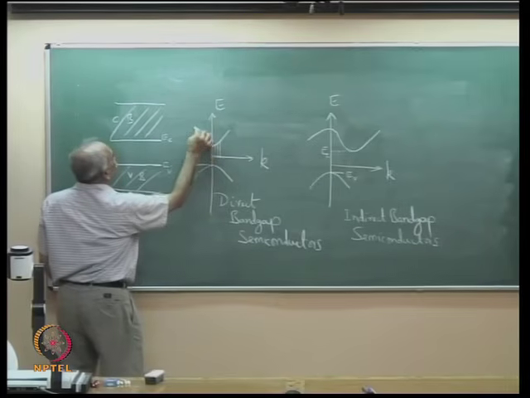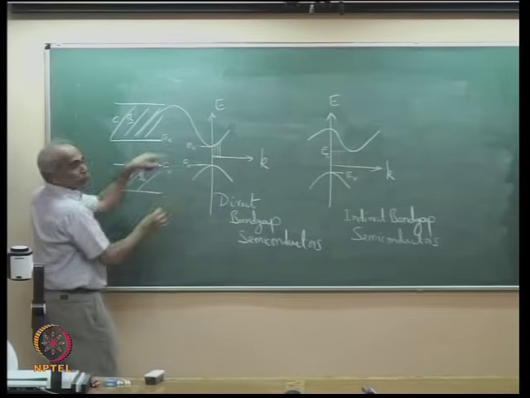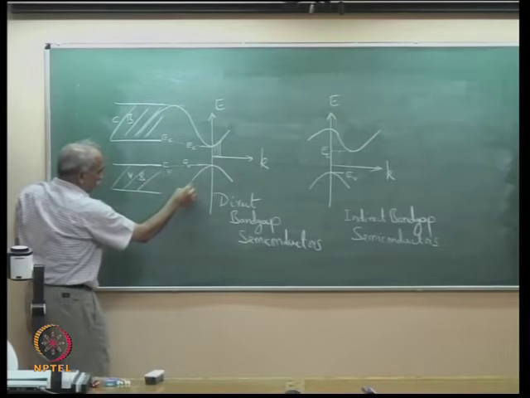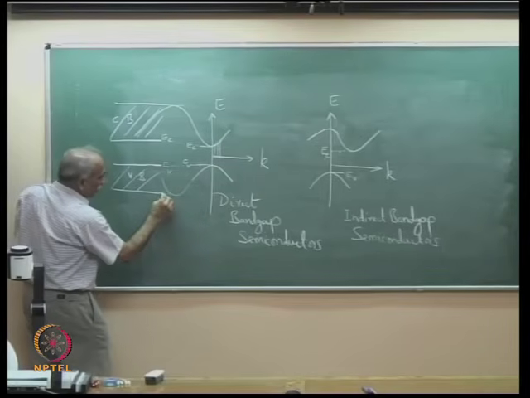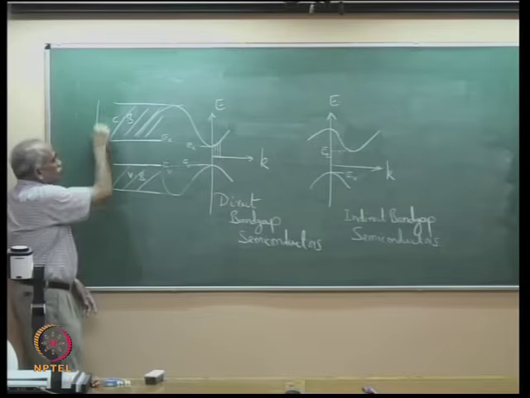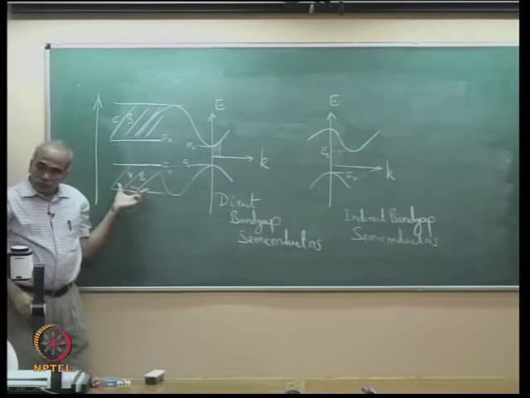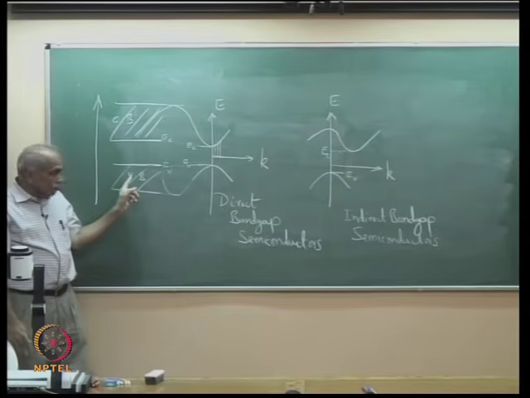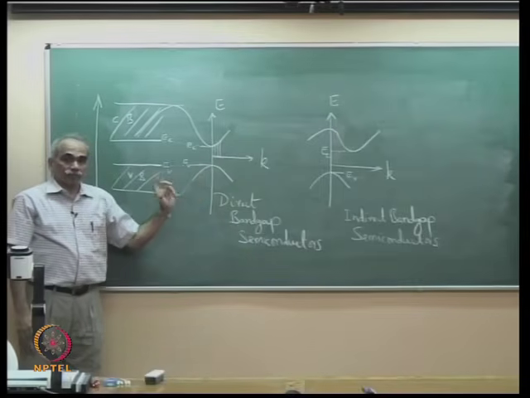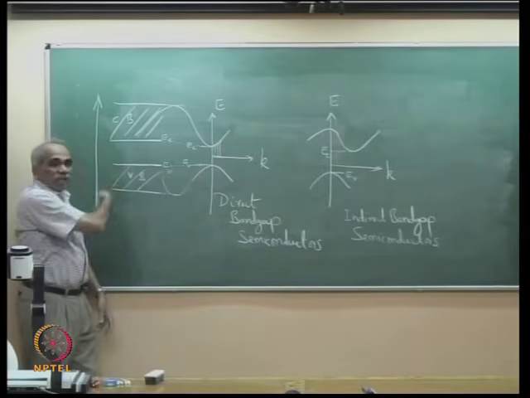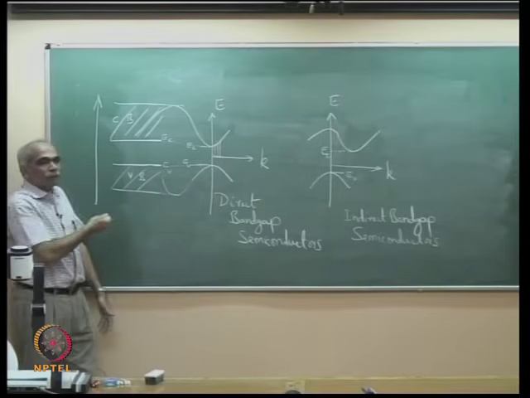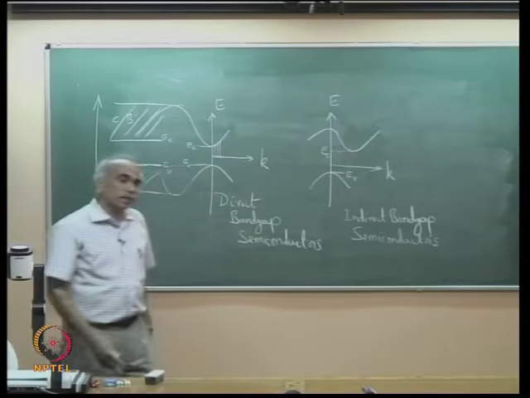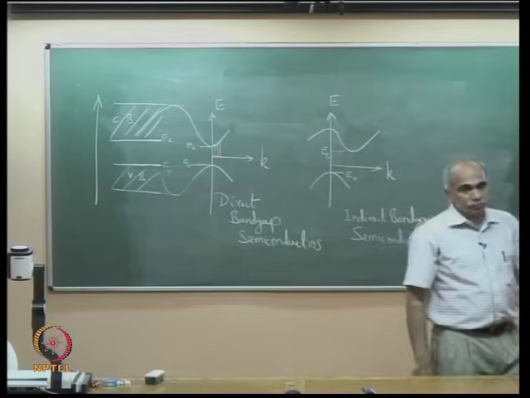This was going up and then turning like this, so the maximum allowed value was this, and this was going down and turning like this, so the minimum energy value is this. The basic energy band diagram which we have studied in basic classes corresponds to the EK diagram, but it does not tell anything further other than the band gap. But you will see that it is the EK diagram which will tell us more about the optical and electrical properties of the material.